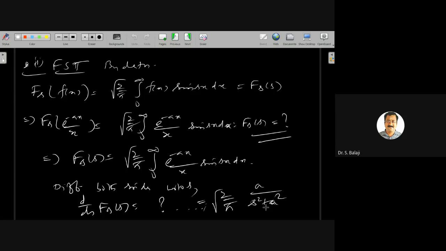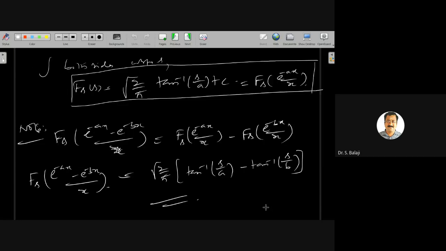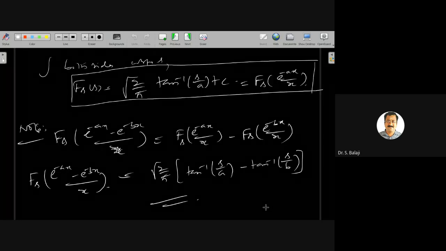After that, you apply integration with respect to s on both sides. Then you can get root of 2 pi pi tan inverse s by a plus c.